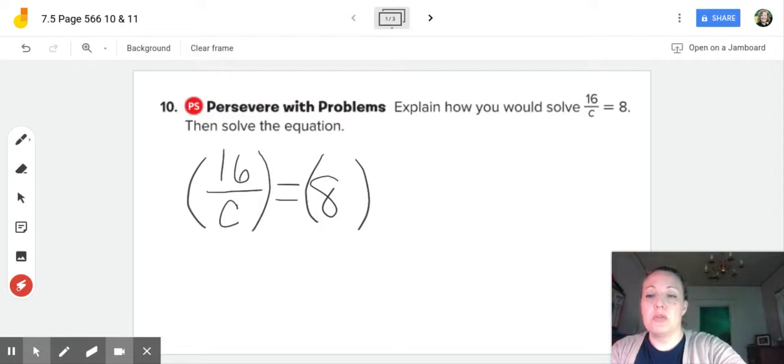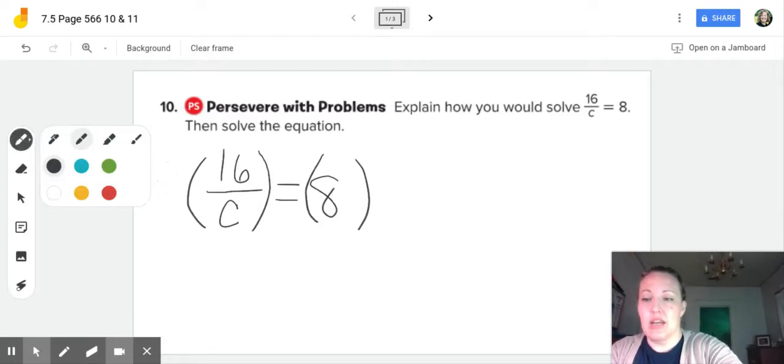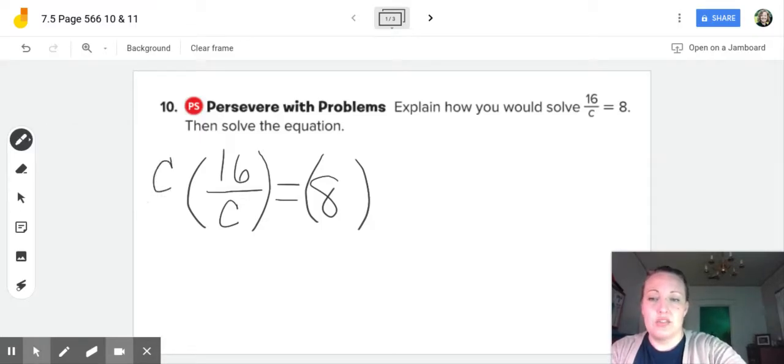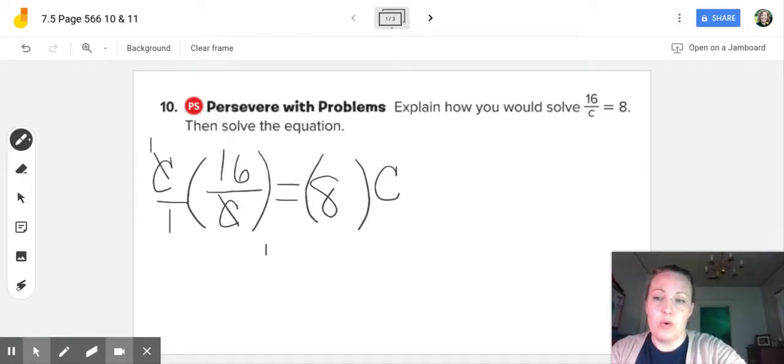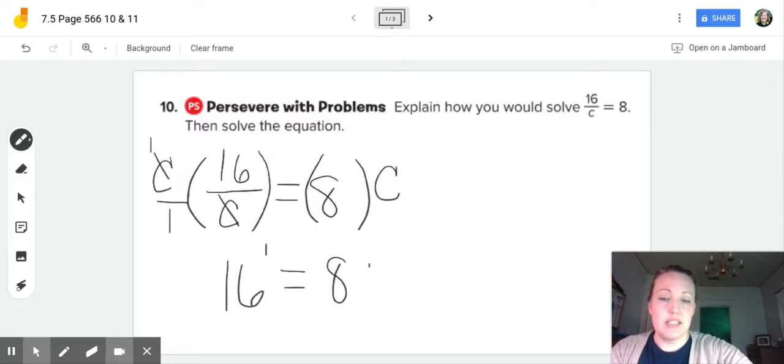So we're going to multiply both sides by C, pretending we don't know what that is. When we do that, it's like C over 1, and this becomes a 1. So we're left with 16 all by itself on this side is equal to 8C.